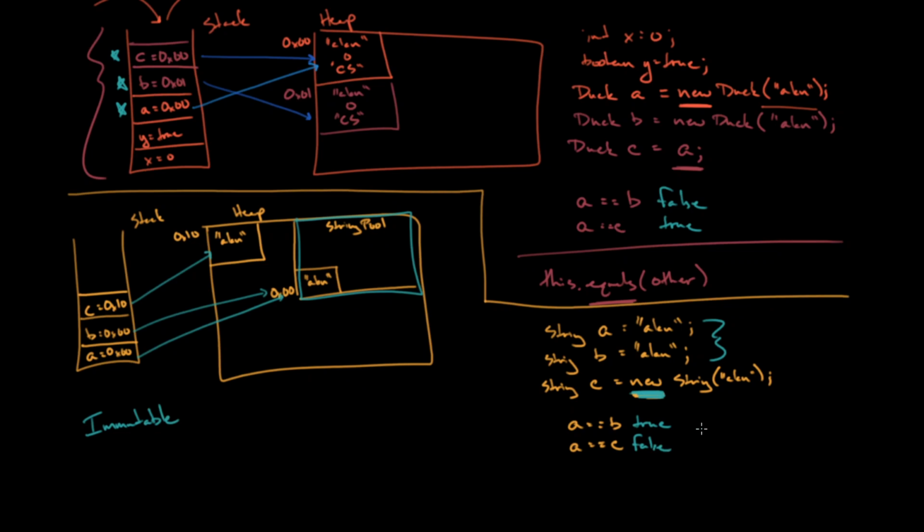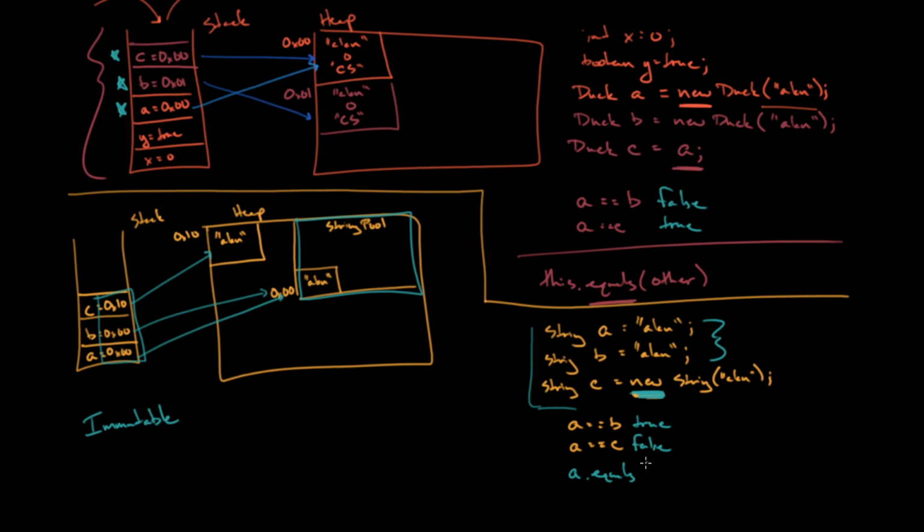Now, here's the thing, you might think, oh, okay, we were just wasting a whole bunch of our time here, but I think this is interesting and it's useful. If I use the dot equals method, it alleviates all my problems. So if I take A dot equals, I am no longer comparing what's in the stack and comparing these memory addresses.